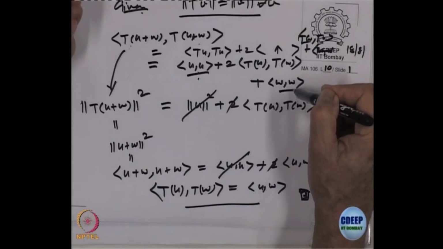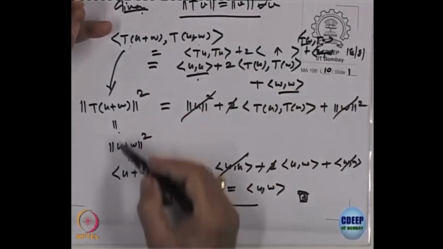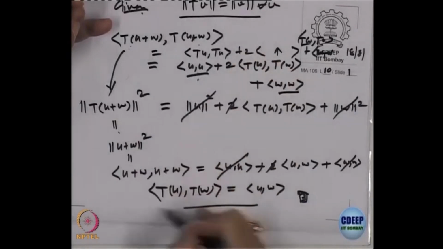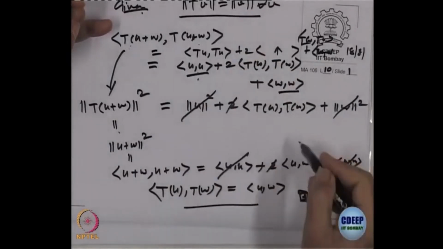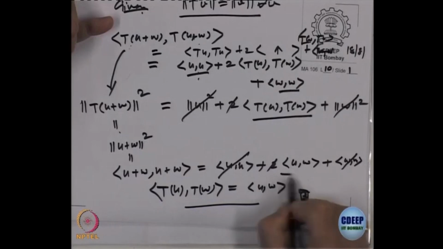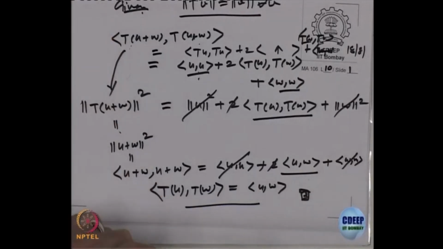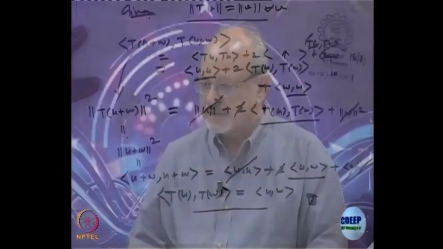So, that is the same as this. On the other hand, if you expand using the given property, you get these 2 equations and that gives you this is equal to this. Expanding 2 different ways, that is all, nothing more than that.